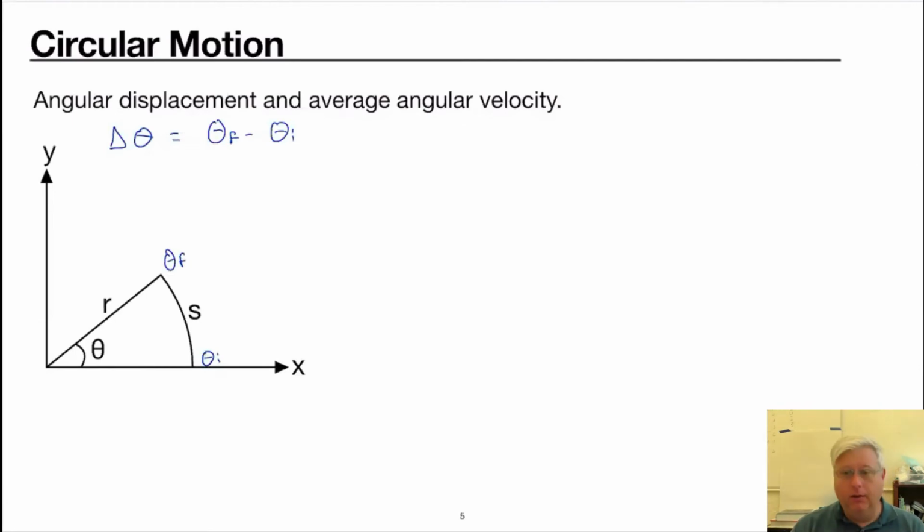Then angular velocity, right? If we could do an average or a constant. Well, then angular velocity, we use a different symbol for angular velocity. Looks like a W, but it's actually the Greek letter omega. And so that would be angular displacement, the delta theta, over the time interval.